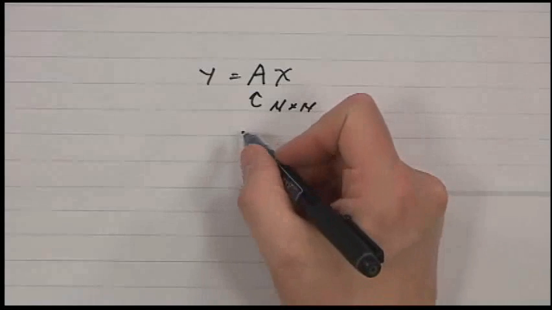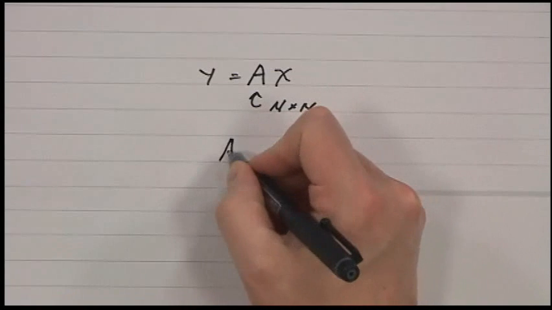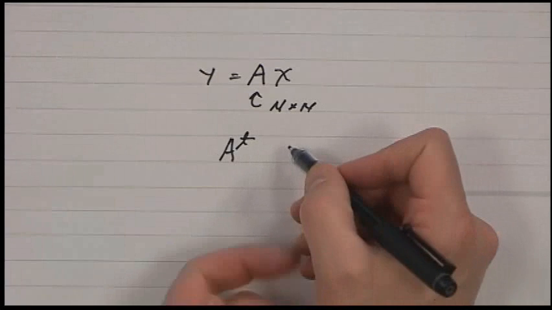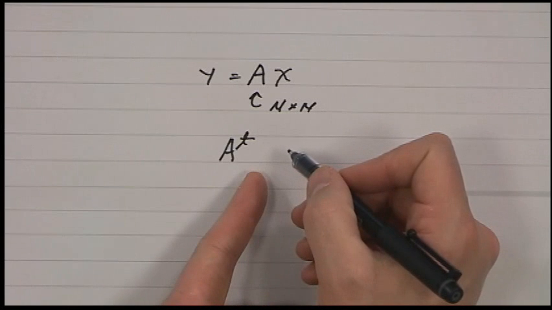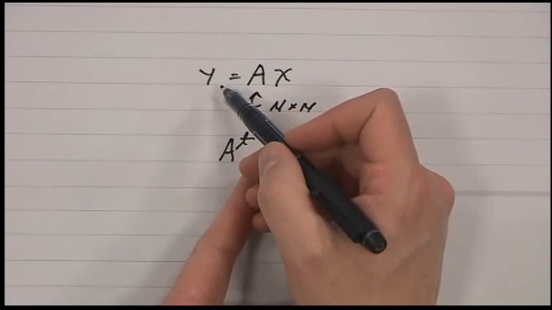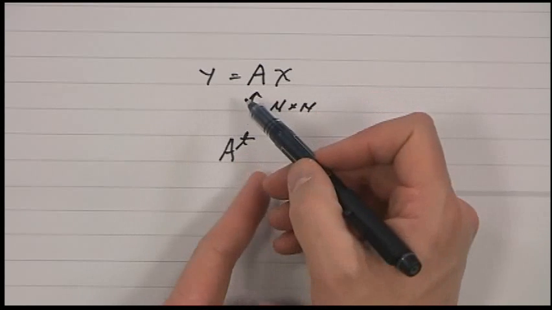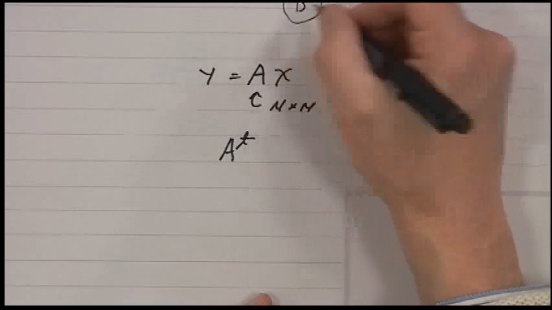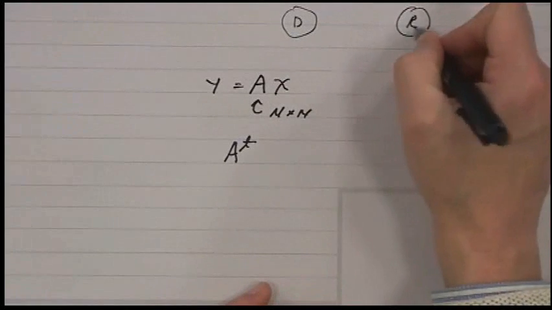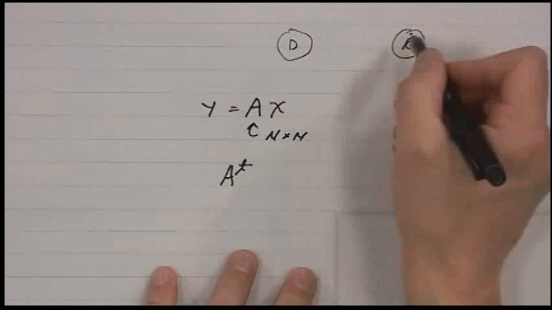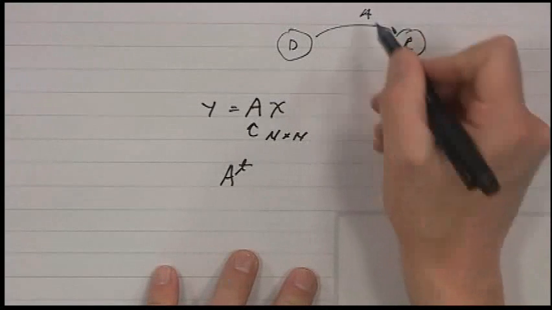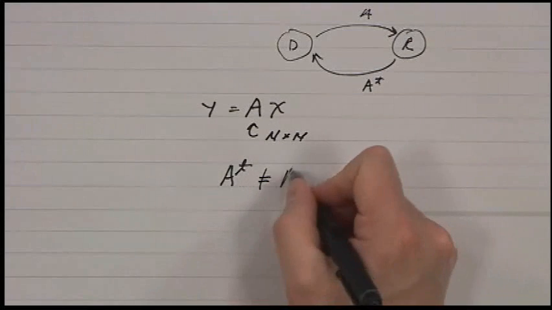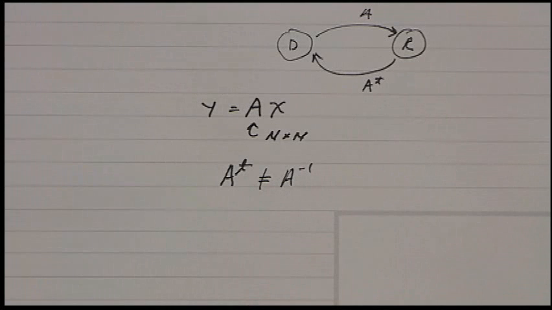The adjoint or transpose of A is A transpose. The transpose has the property that the input space to A transpose is the output space of A. So if this is the domain and this is the range, A is a mapping like this, and A transpose is a mapping back. But in general, A transpose is not equal to A inverse, right?